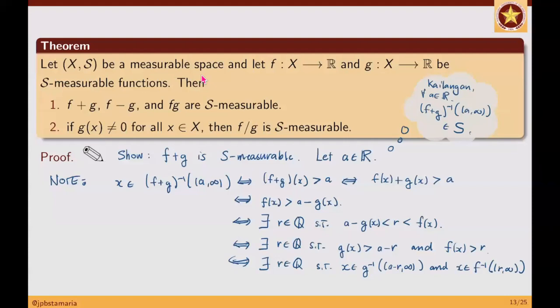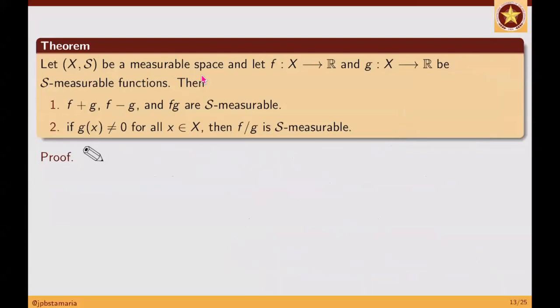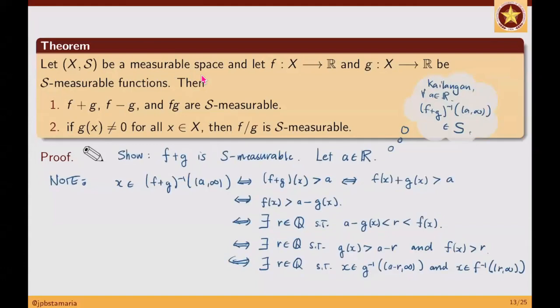Iko-convert na natin ngayon ito into sets. Ano yung sinasabi ni sir? I'm going to erase this one. Wait lang. Ito tayo. Okay.